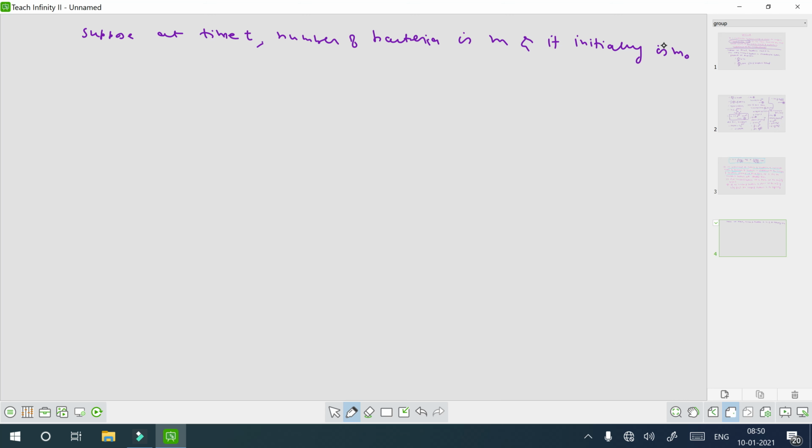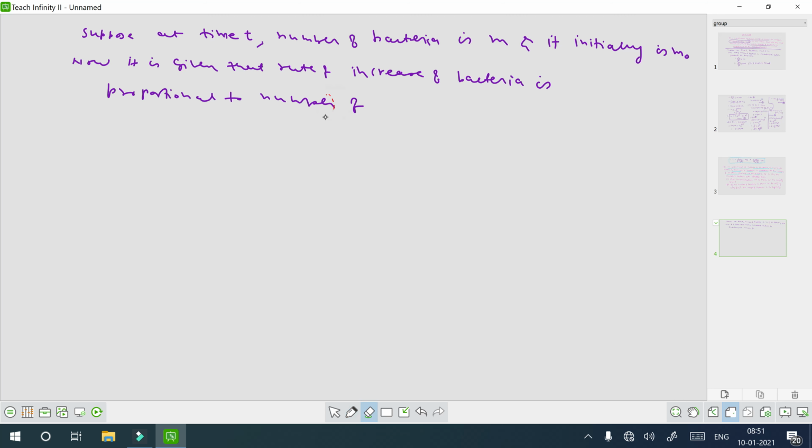Clear? Now here it is given that rate of increase of bacteria is proportional to number of bacteria present at that time.